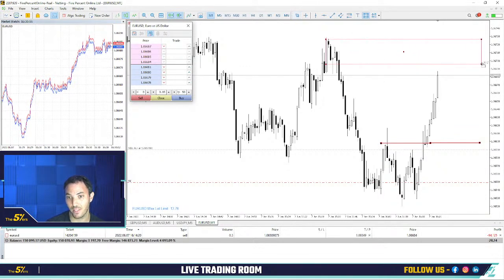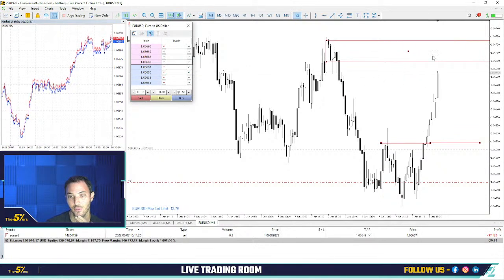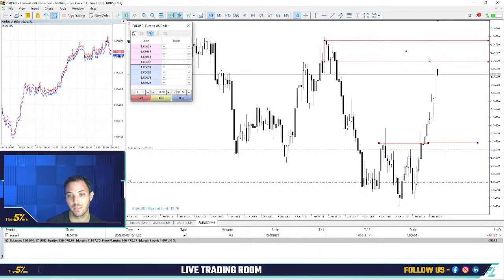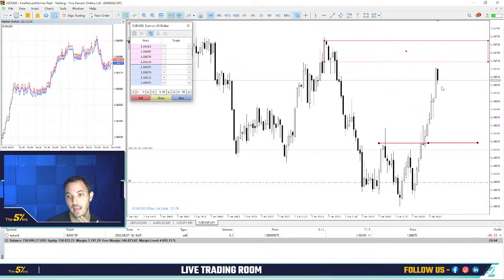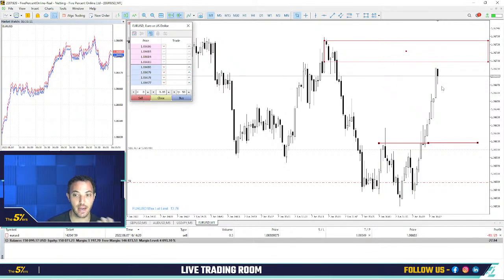Expect some resistance there. So that would be my last selling area in order to fix this trade. The other technique is to scale out of the trade.